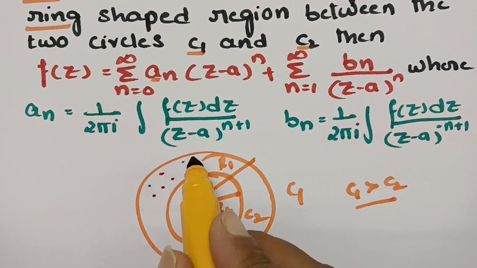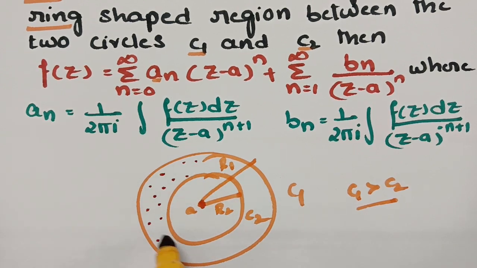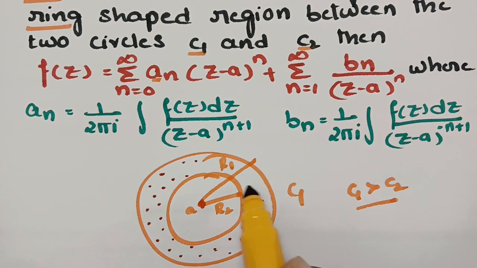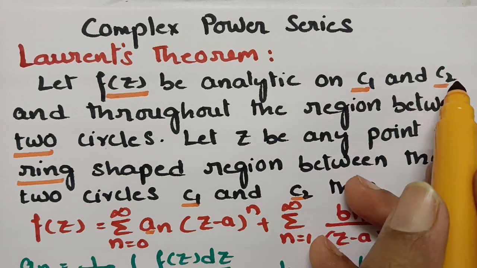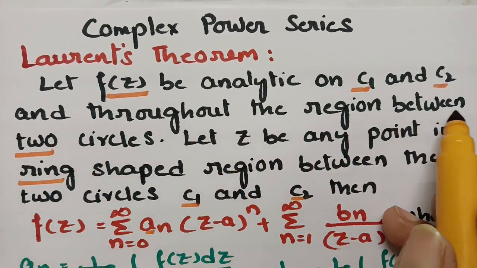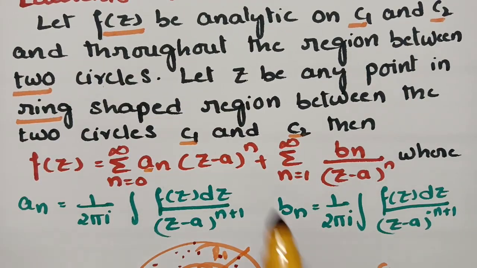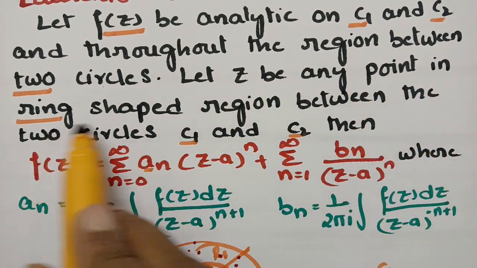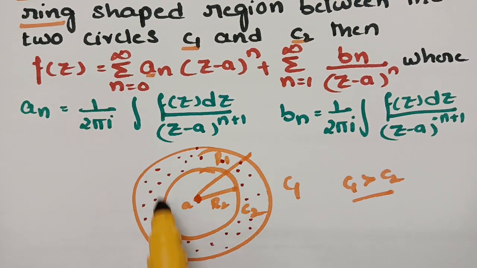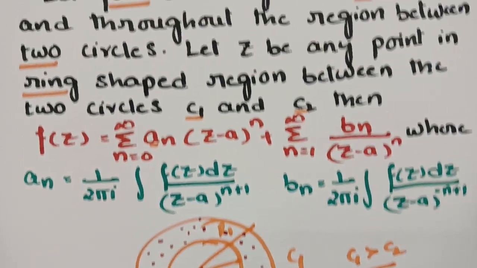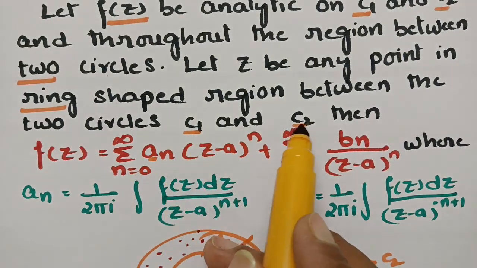So f(z) is analytic within the ring shape which is formed with the concentric circles C1 and C2. If you take any point, f(z) is analytic on C1 and C2 and throughout the region between the two circles. Let z be any point in the ring-shaped region between the two circles C1 and C2.